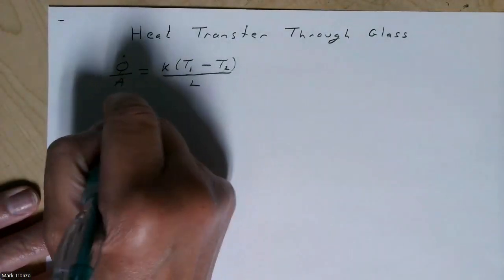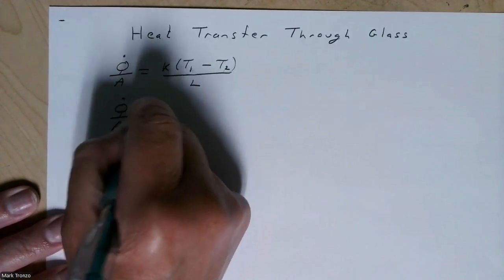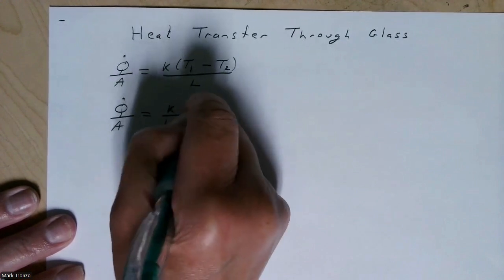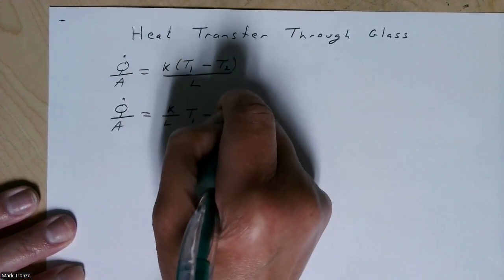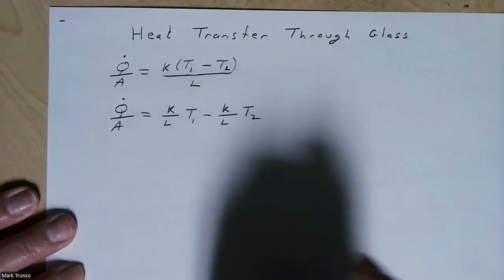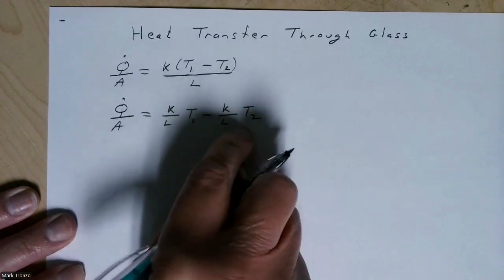So let's rearrange this to solve for T1. When we rearrange this, these will go on the positive side.